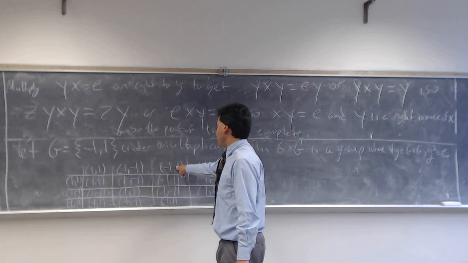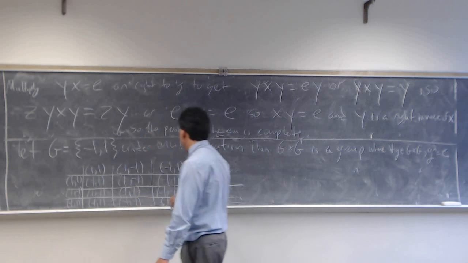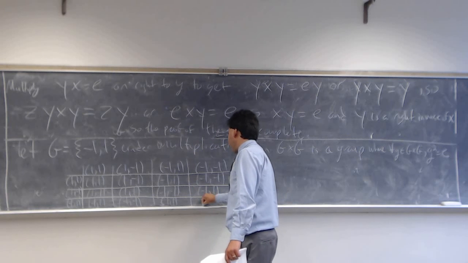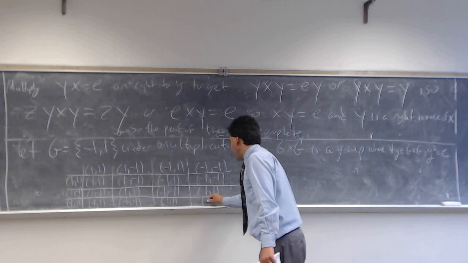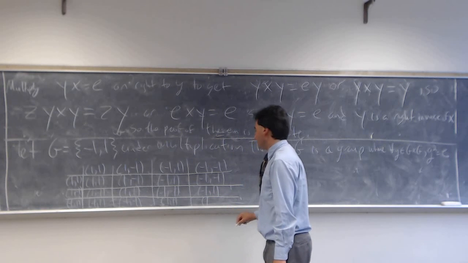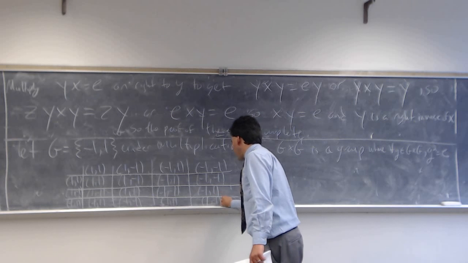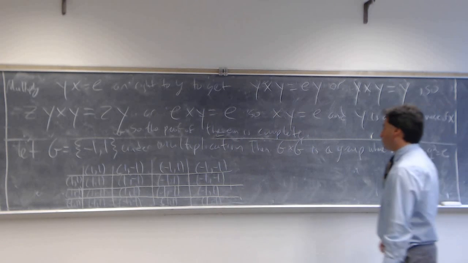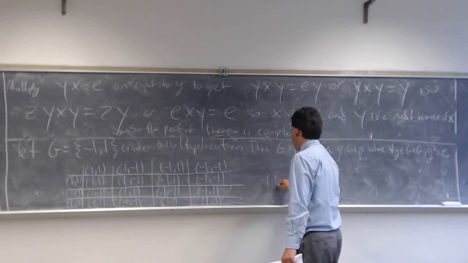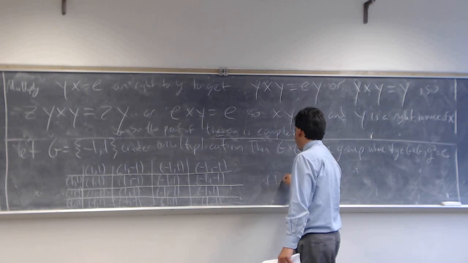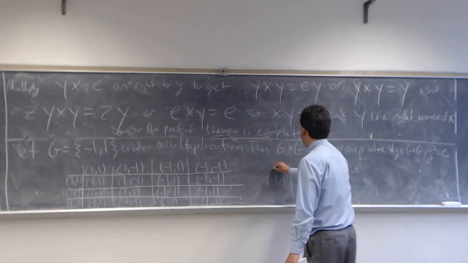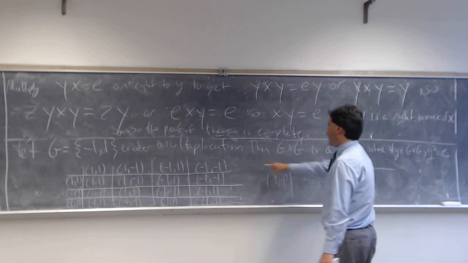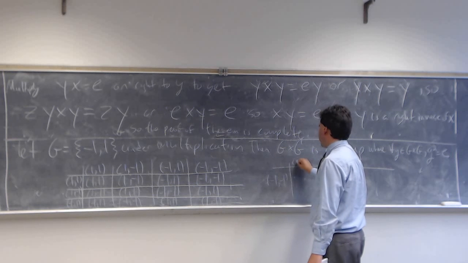Again, this element times itself gives us the identity. Now I just have to do the bottom row, with (-1, -1). And the top row, we've got all 4 of those covered.